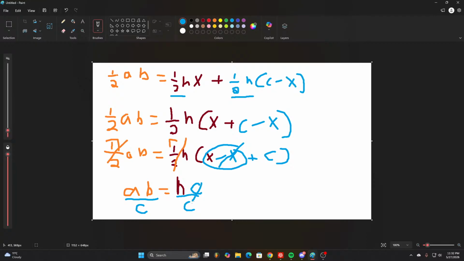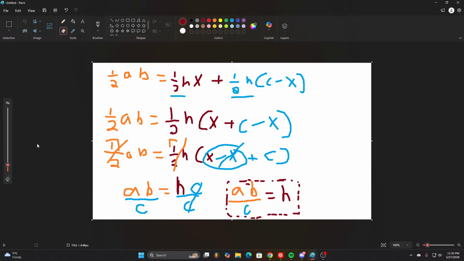And now what we can say is that AB all over C is equal to H. You might be thinking, Evan, what the heck does this mean? We're almost there. So now we know what H is equal to, that height that we made. It's AB over C.